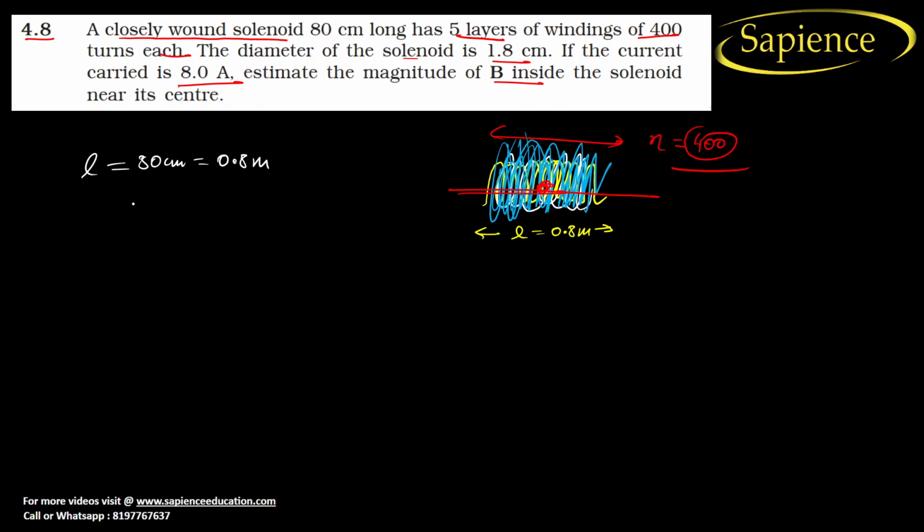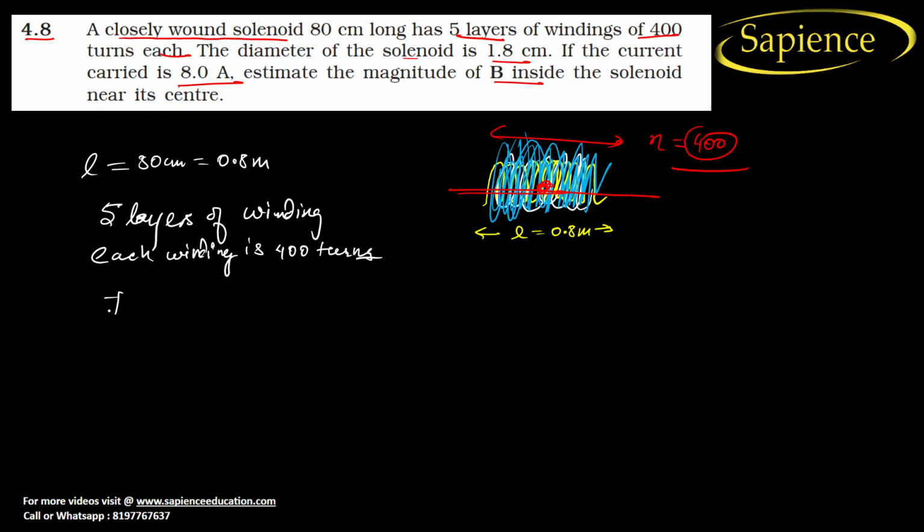Now they have also provided 5 layers of winding, and each winding is of 400 turns, right?